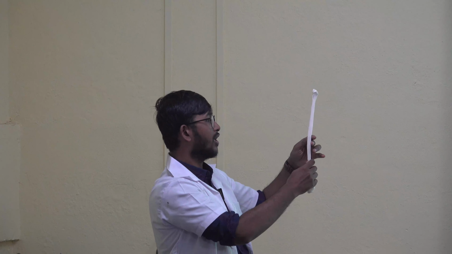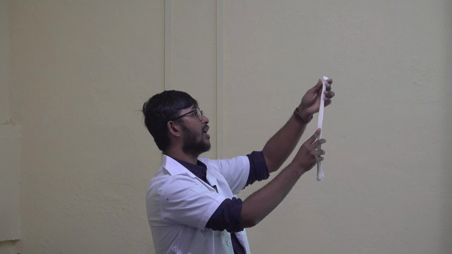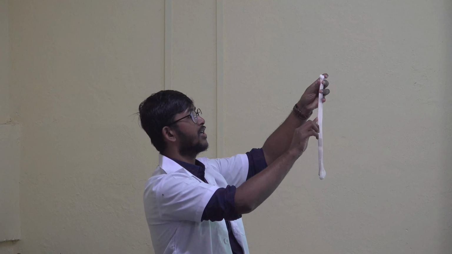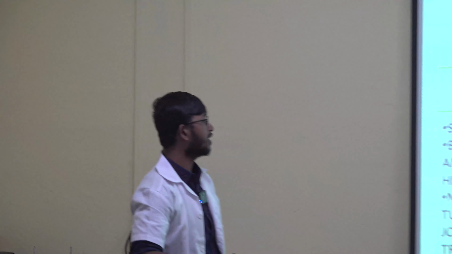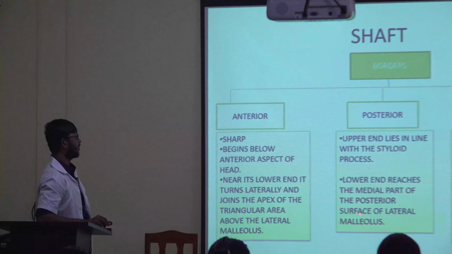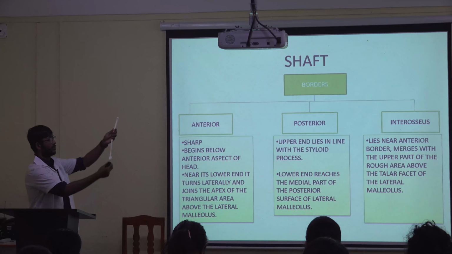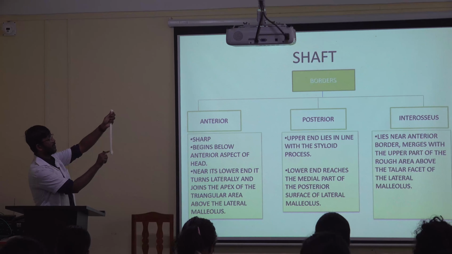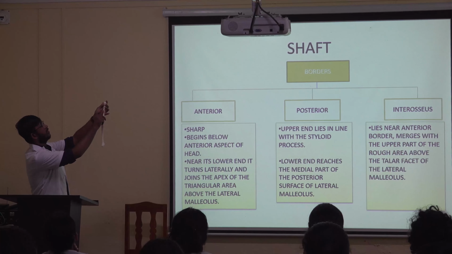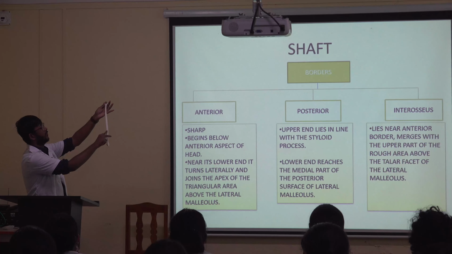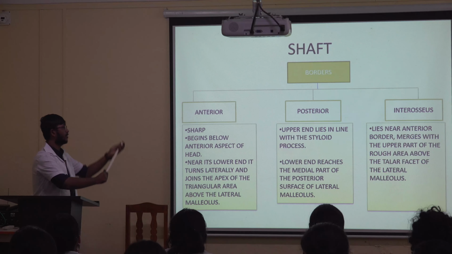In the posterior border itself, the surface is divided by the medial crest into medial side and lateral side. Now the lower end reaches the medial part of the posterior surface of lateral malleolus. See, the posterior border is coming like this, forming an S-shaped pattern.